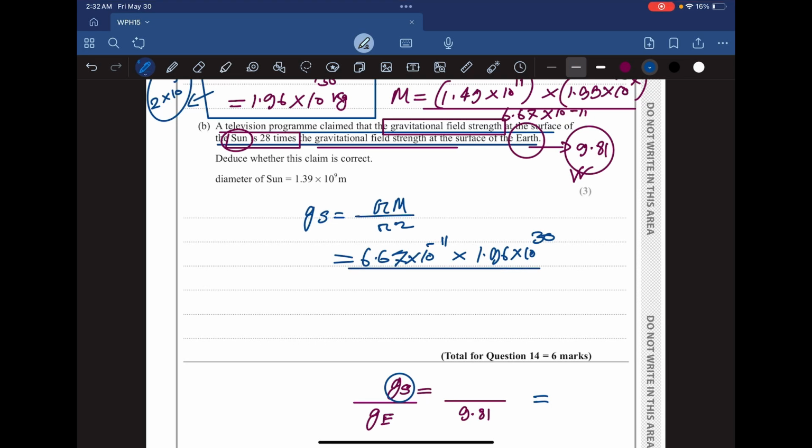We know the radius of the sun, they have given us the diameter, so we divide it by 2 and then square it. So it will be 1.39 into 10 to the power 9 divided by 2, and then we square this value. By doing this, we get the gravitational field strength of the sun as 270.7 newton per kg. Sorry for my bad handwriting.